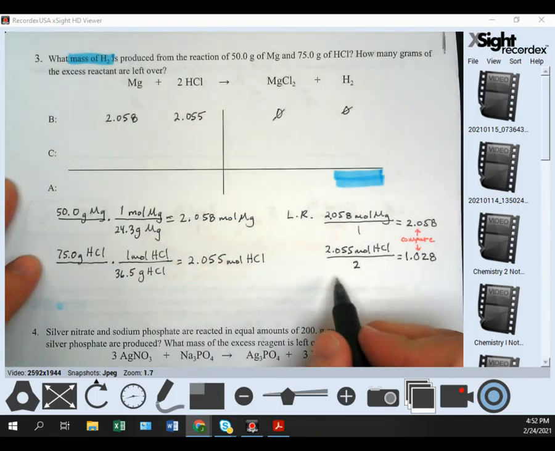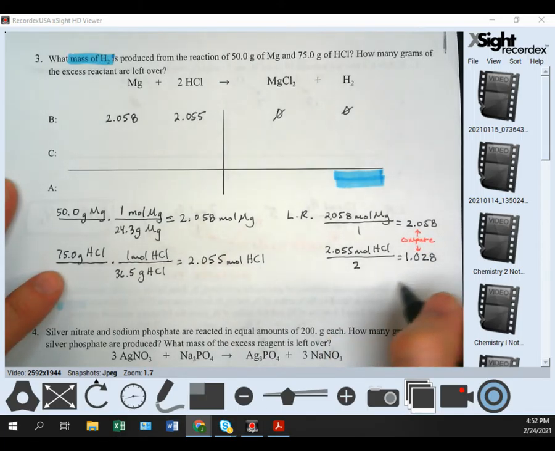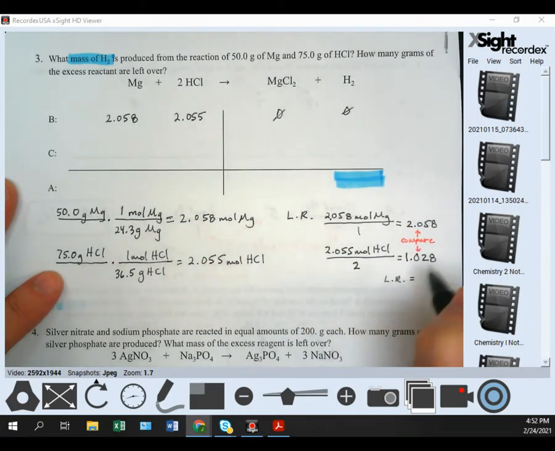This is the smaller one, so this tells us that our limiting reactant, let's write it down here, is HCl.